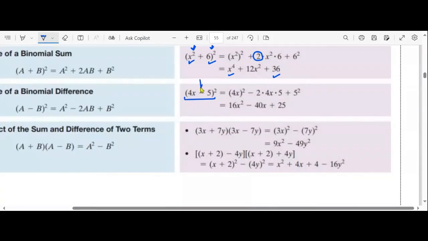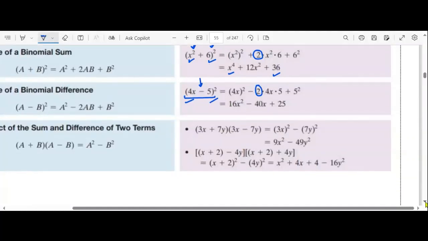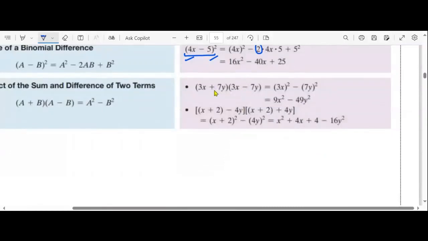Here it's negative. So we square the first, square the last, multiply the first times the second times what? Times 2. Now, for this one, the sum and the difference of two terms. One is positive and one is what? Negative. So you square the first and you square the last, and you take the negative sign. Okay?